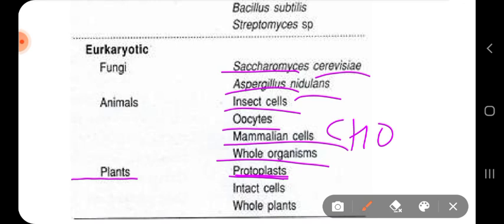We have removed the cell wall before making them protoplasts, and we have used some sort of agents to maintain the osmolarity, like sorbitol, mannitol. Then we introduce our desired gene of interest containing the vector into that protoplast. We can use the intact cells, or the whole plant can be used as a host cell.